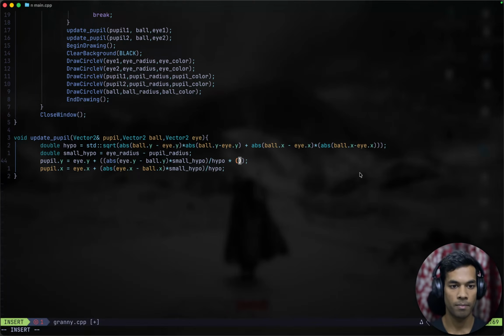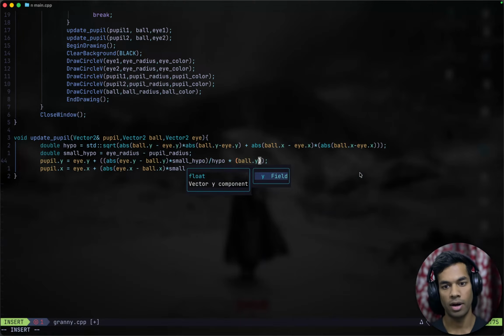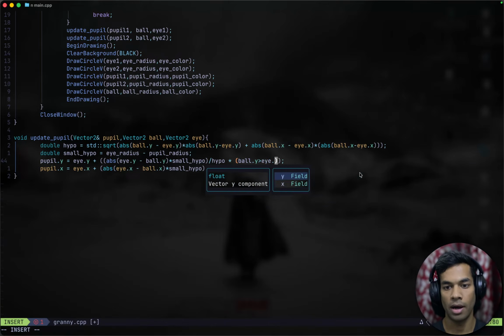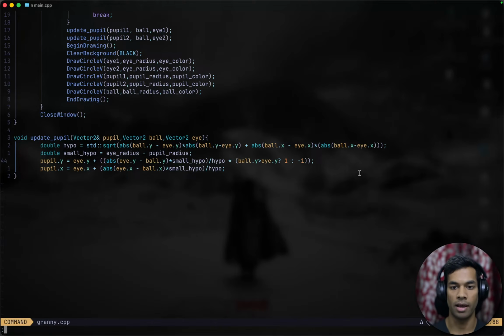If ball dot y is greater than I dot y, then add, otherwise subtract.